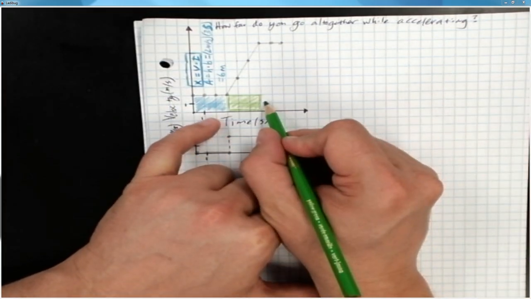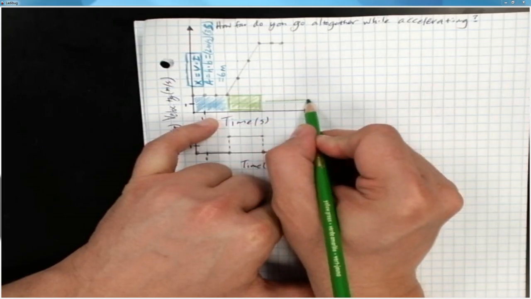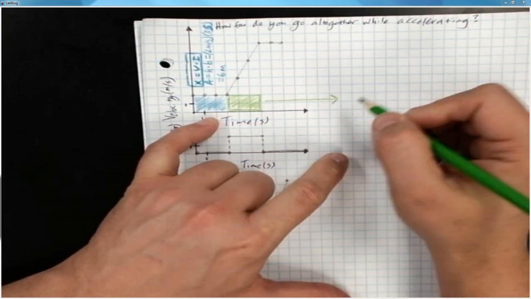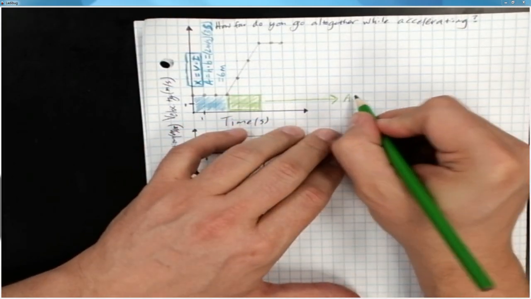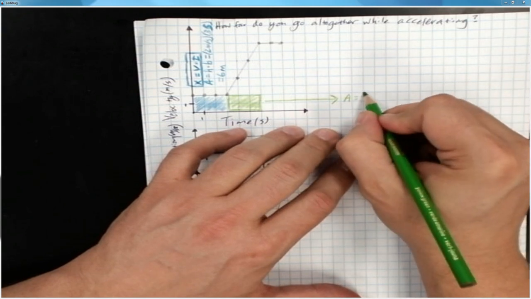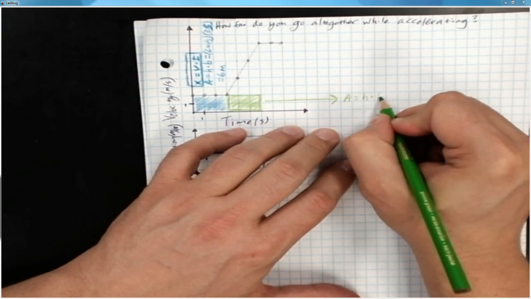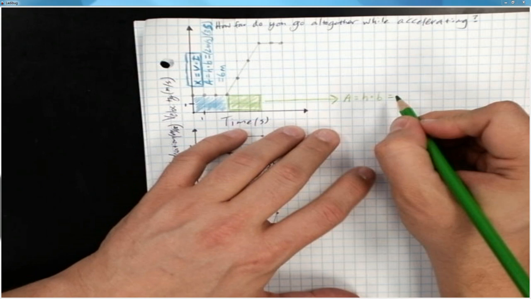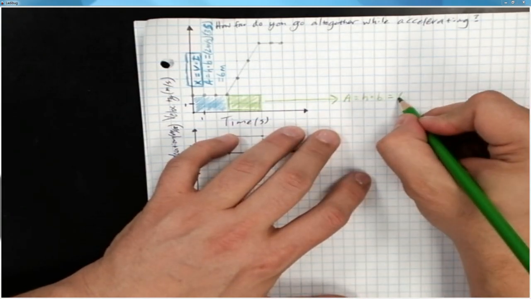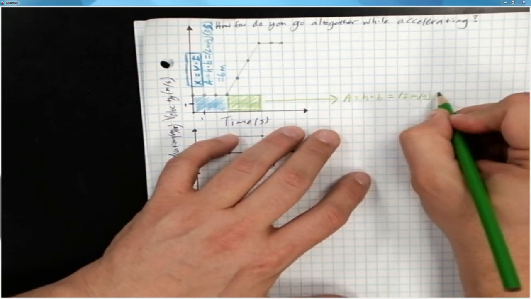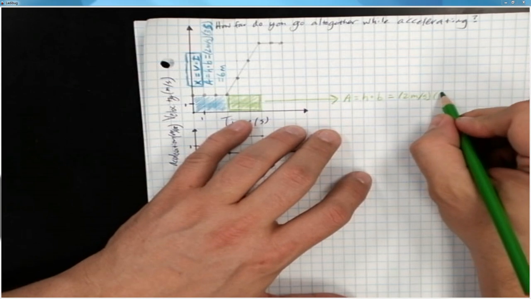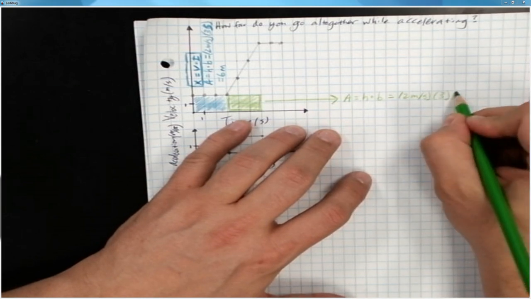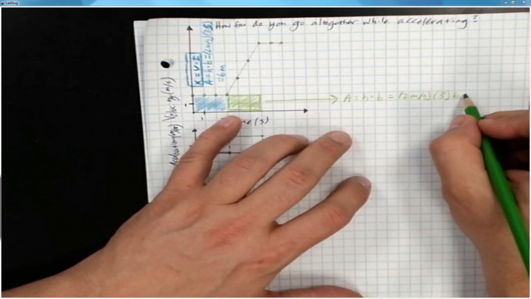So how far would I go if I kept going at my initial velocity? Well, the area is equal to the height times the base, which is equal to 2 meters per second times 3 seconds.